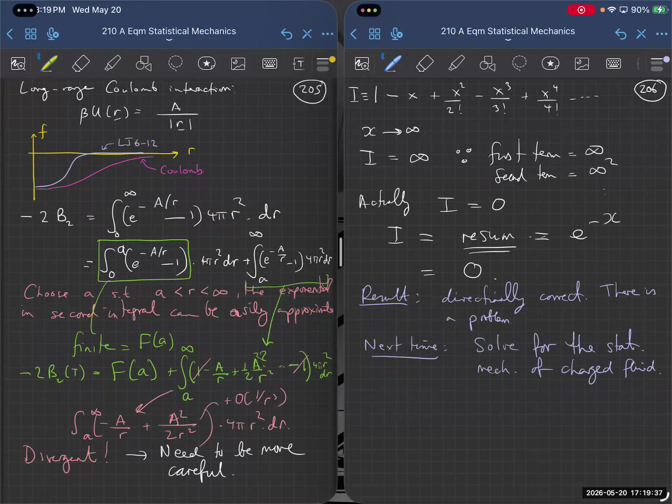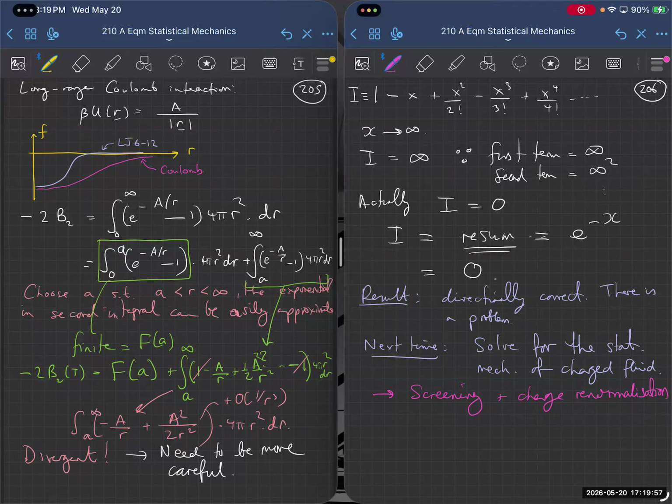The important thing we're going to learn about is screening and charge renormalization. But there is a problem.